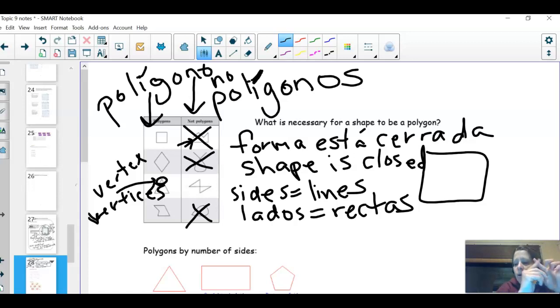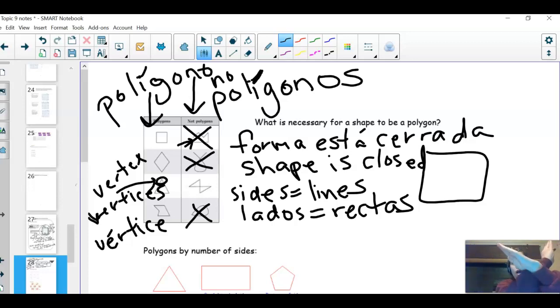Okay? Y entonces los lados son rectas y la unión de los dos lados forma un vértice. Okay? Y vértice, lo siento, vértice es un cognado y es como vértice. Y es muy similar con un acento. Okay. Also, they can't like intersect.